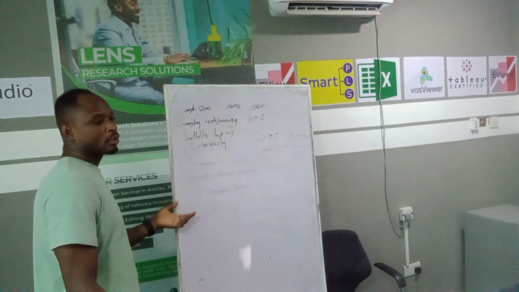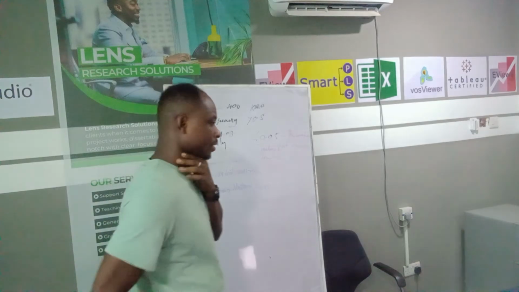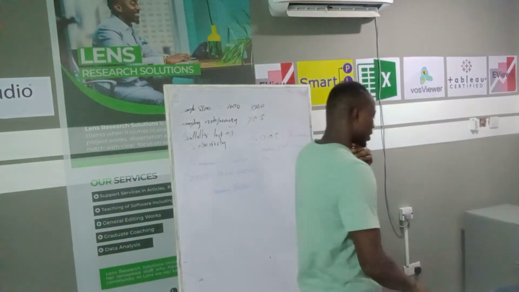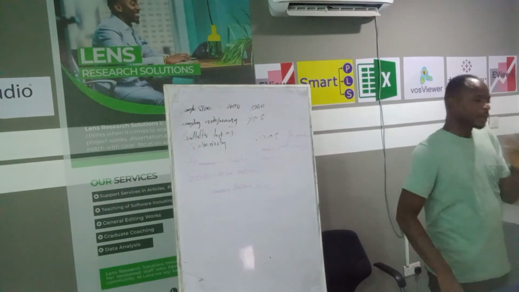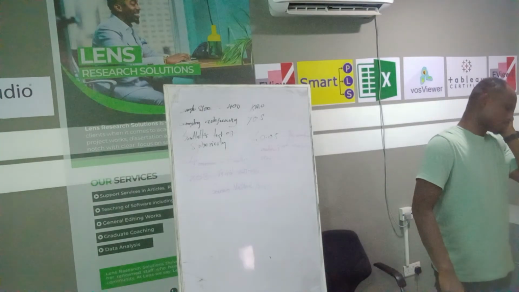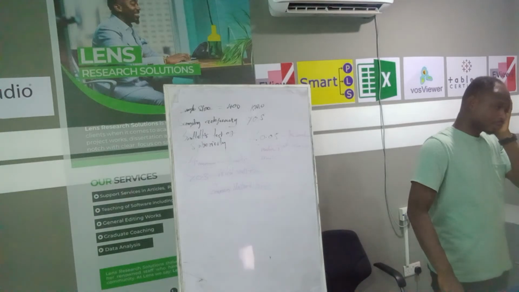For common method bias, when you estimate your factor analysis, there is what we call percentage of variance.